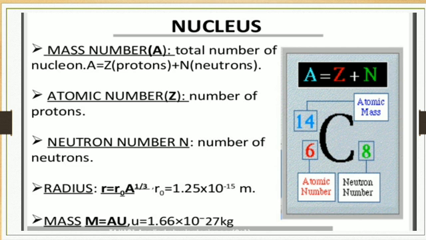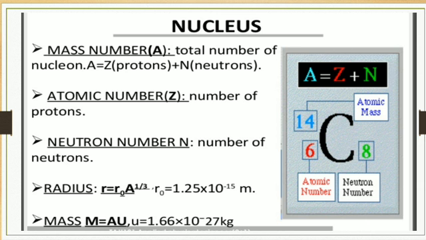Now, an element is represented by numbers: the mass number and the atomic number. Here are some details about the nucleus, which has protons and neutrons.